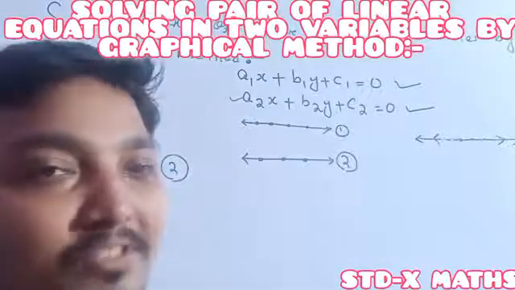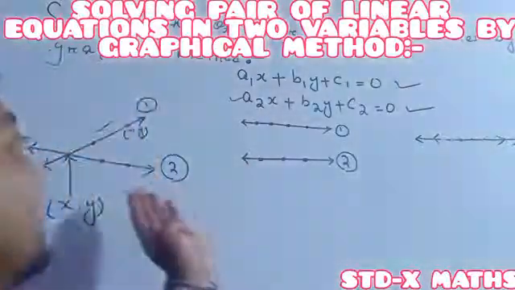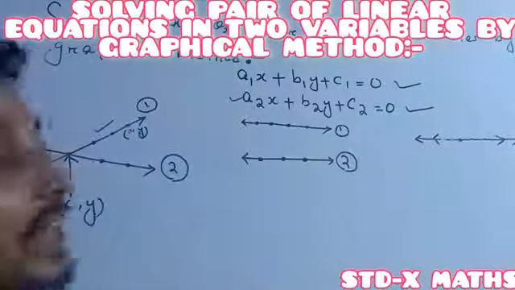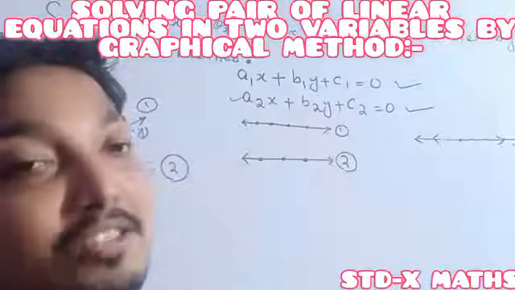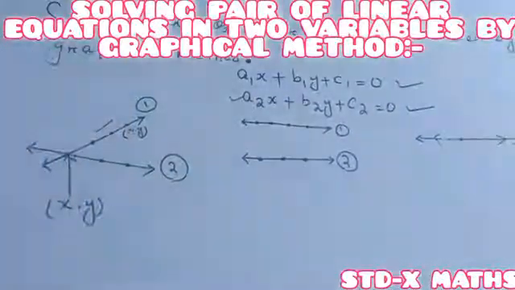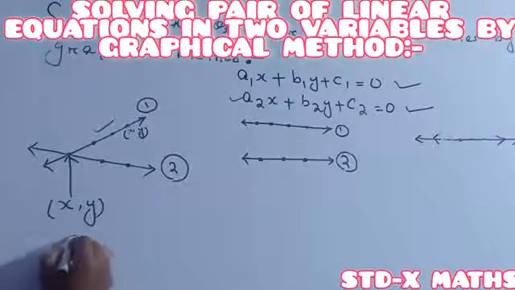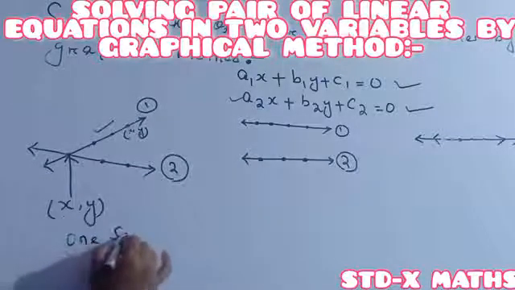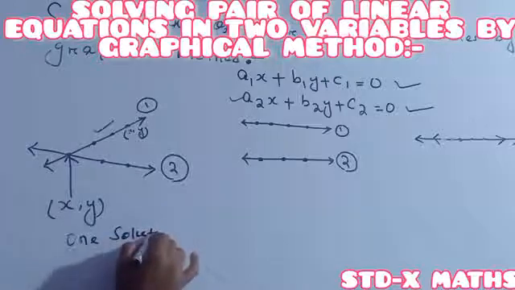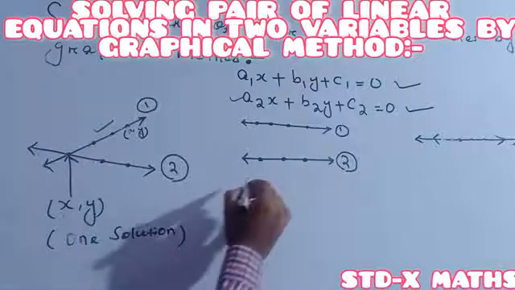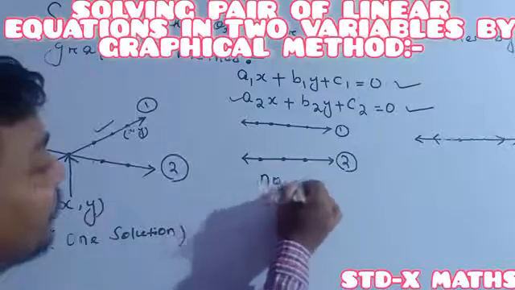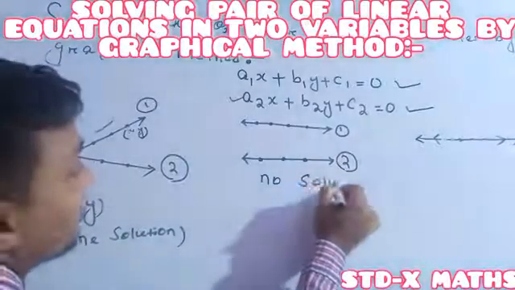Understood? So here you will get a single solution, here no solution, and here infinitely many solutions. So here I am writing one solution. Why? Because there is a single point here.